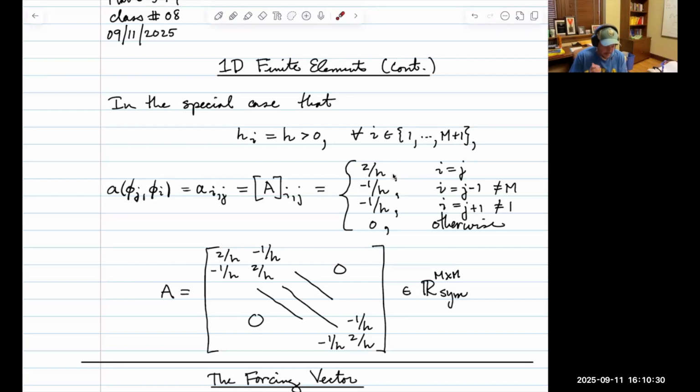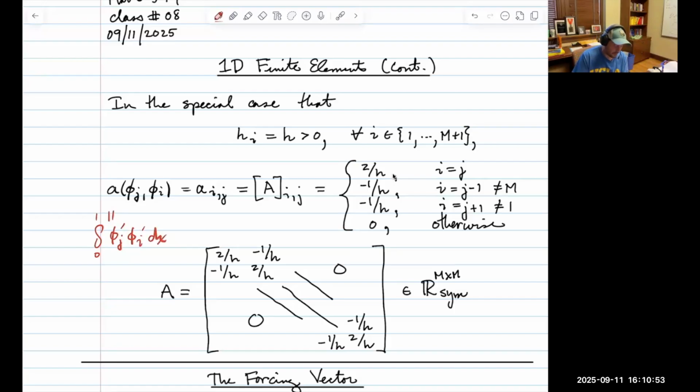So in this case, if I put the basis functions phi_j and phi_i into my bilinear form, remember what my bilinear form was. This a was equal to the integral from 0 to 1 of phi_j prime phi_i prime dx.